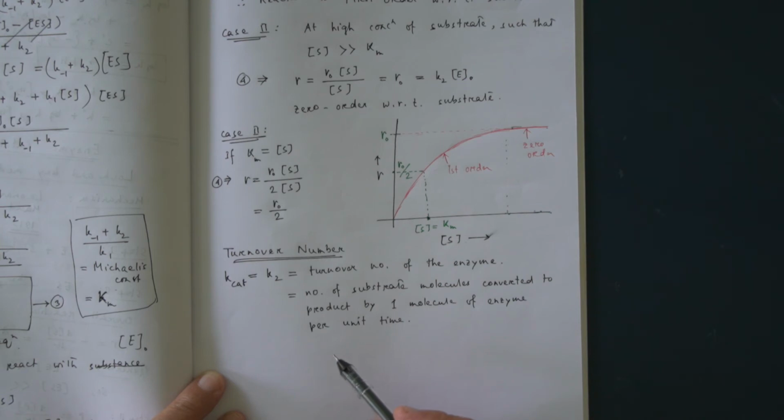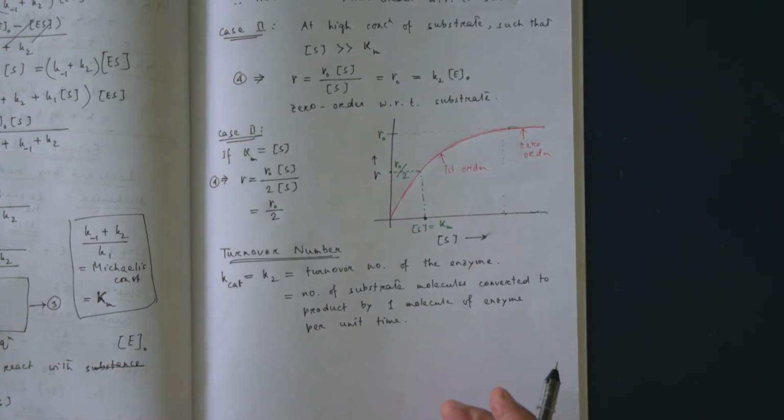So the number of substrate molecules reacting with one enzyme molecule in 1 second will be equal to the number of catalytic cycles, which are also called turnovers.